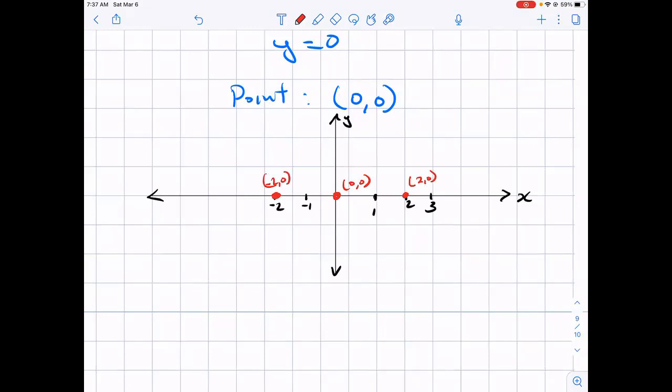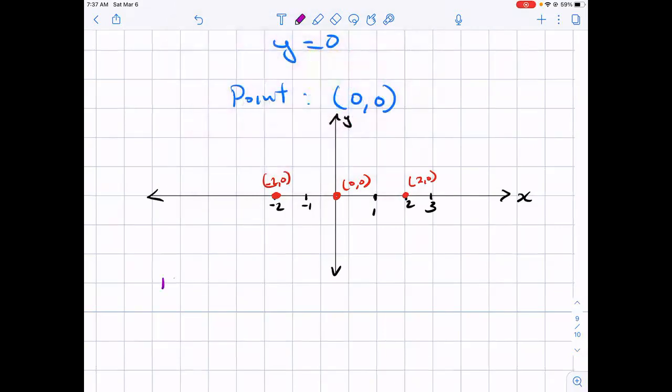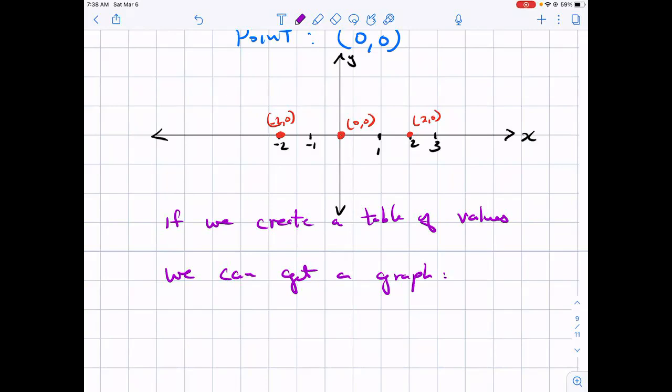Now, if you made a table of values, okay, if we continue, if we create a table of values, we can get a graph. We can get a graph.